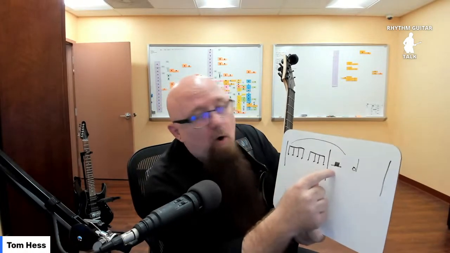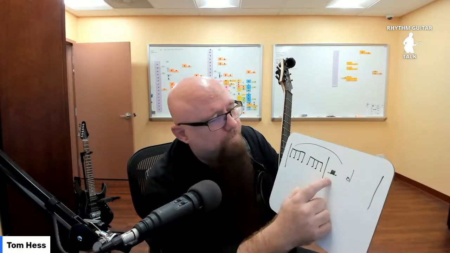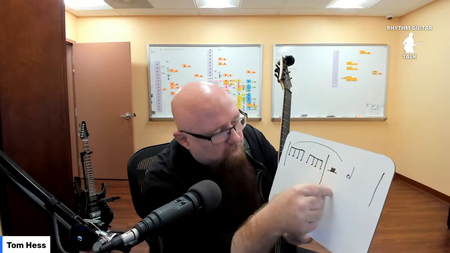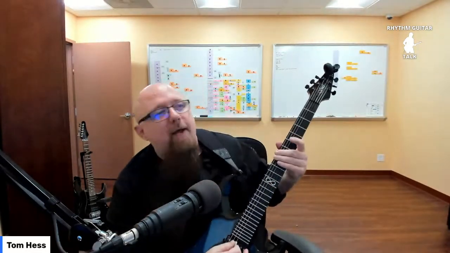Now, if I pause a beat or 2 beats or even an eighth note, we're denying the listener the expectation. They're wanting to hear this. And we're not giving it to them, at least not in the place where they're expecting to hear it.